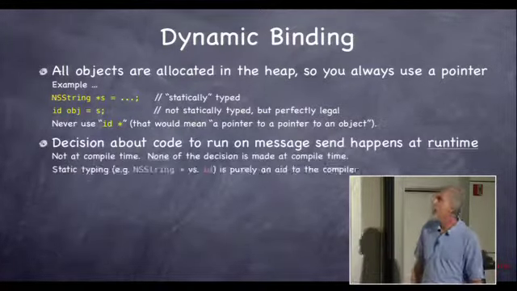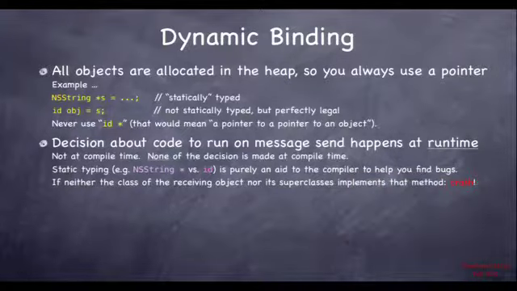But anyway, the decision about what code gets executed is happening entirely at runtime. OK? You can imagine, because it's true, that open square bracket, pointer to an object, method, gets turned by the compiler into a C function. Let's call it objc_msgSend. And objc_msgSend has a first argument, which is a pointer to an object, a second argument, which is a message descriptor, basically, and then the rest of the arguments are the same as your method.